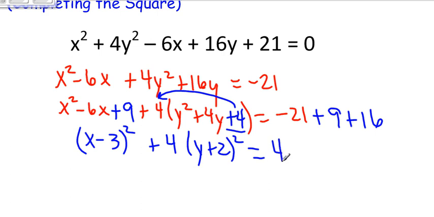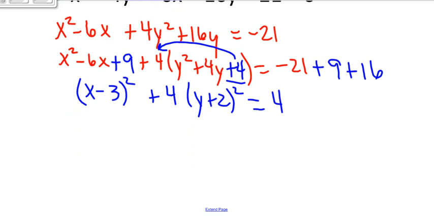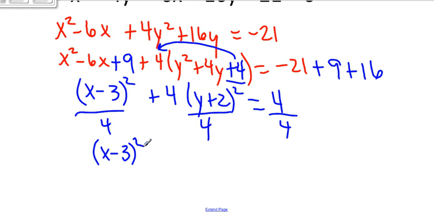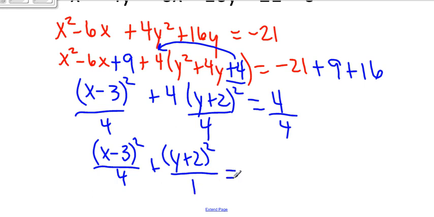Okay, and again, we need that 1 on the right side of the equal sign, so we're going to divide everything by 4. So we get (x minus 3) squared over 4 plus (y plus 2) squared over 1 equals 1.